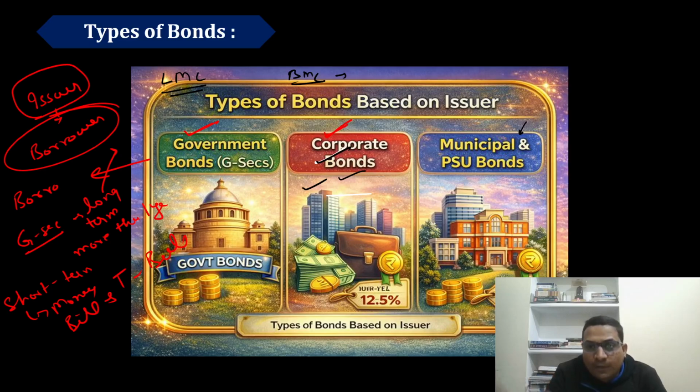So in order to fulfill the requirement of the fund, they are going to release the bond into the market, and the lender will come and give the money for that particular bond. When they are buying that bond, they are paying that much money.